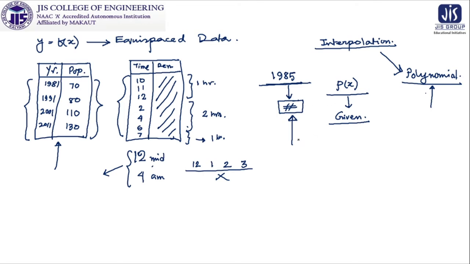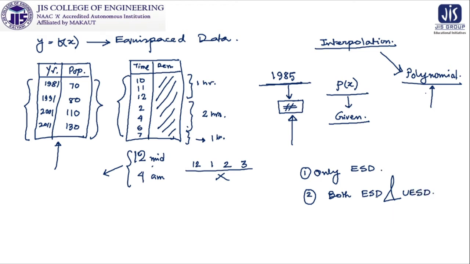Now, there are some interpolating polynomials or interpolation formulas which are only effective on equispaced data, and there are some interpolating polynomials or interpolation formulas which are effective on equispaced data as well as unequispaced data.